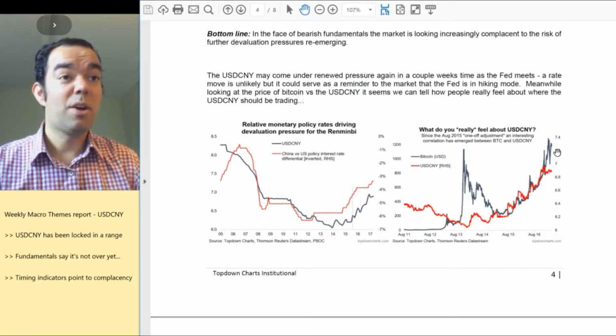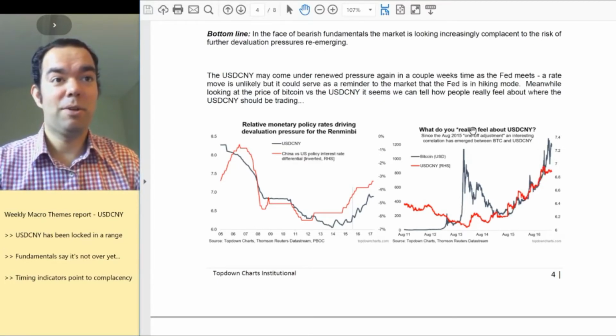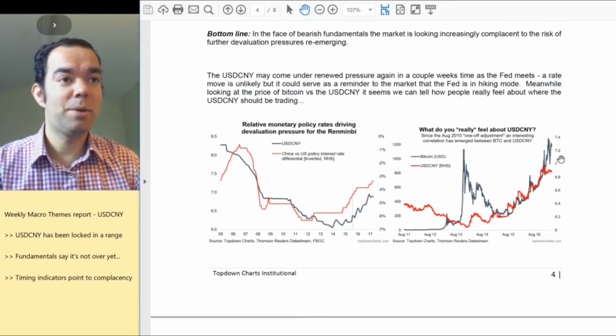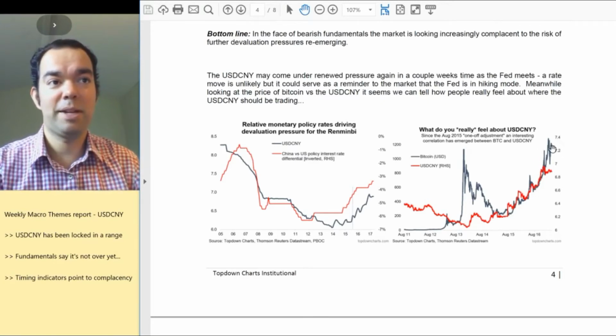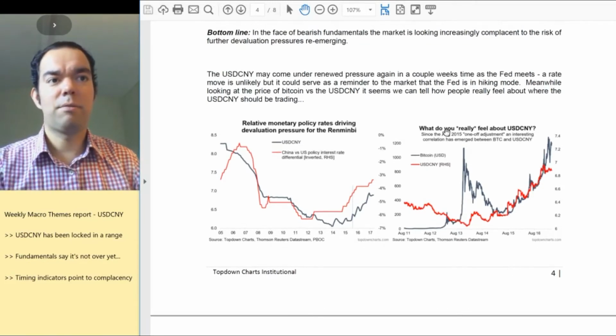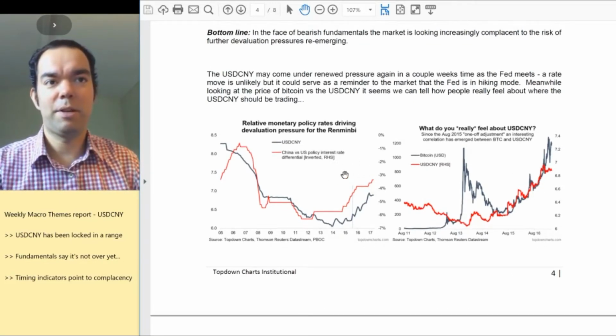I look at this chart and jokingly say, what do you really feel about the USDCNY? This is pretty much telling you what the market's feeling. And arguably it should be trading above 7 rather than at about 6.9 where it sort of stalled out. So that's the fundamental view on the USDCNY.